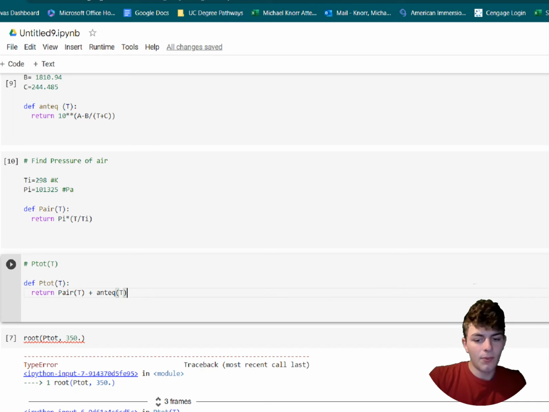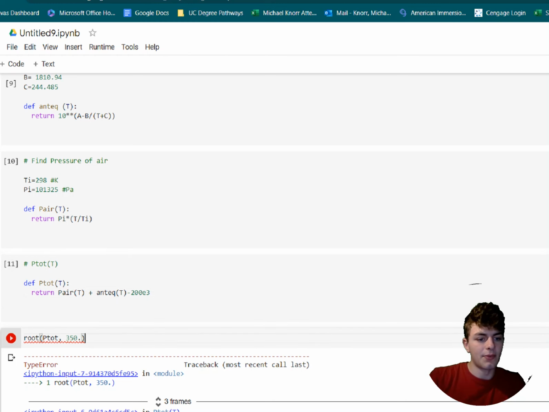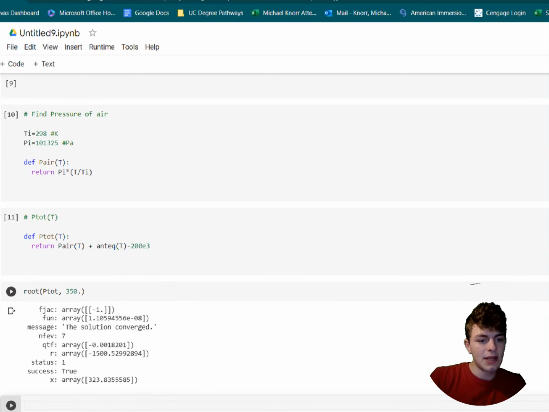And then remember when we wrote our initial equation, we said it was equal to 200,000 pascals. In this case, we're going to have to subtract that off in order to make the root finder work. When that function is equal to 0, as it is in the case where you subtract 200,000 from both sides, the root finder will then work. So we'll just go ahead and solve that.